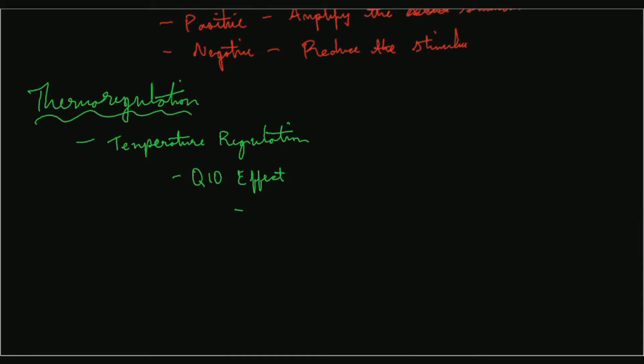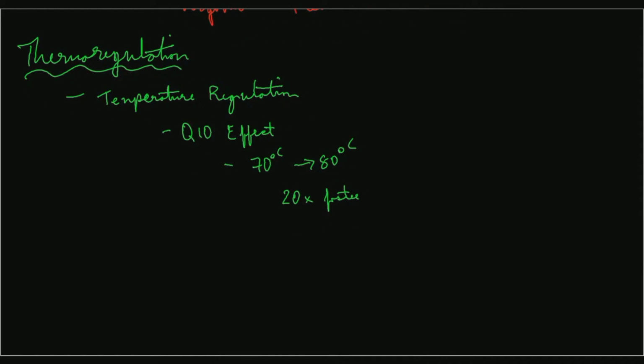So for example, let's say we change the temperature from 70 degrees Celsius to 80 degrees Celsius, and the enzyme got 20 times faster. Then the Q10 for that enzyme would be equal to 20. So for every 10 degrees, it'll get 20 times faster, is basically what that's saying.